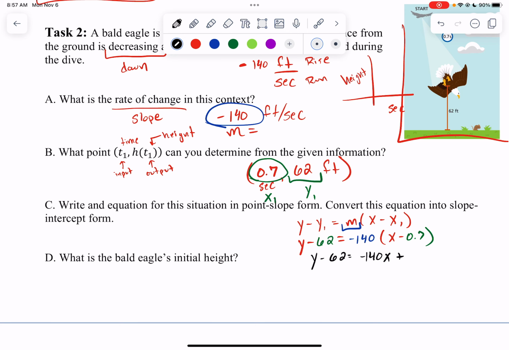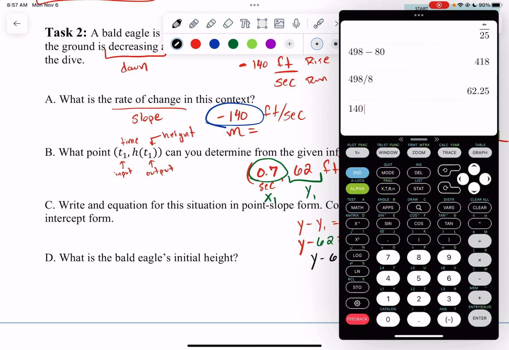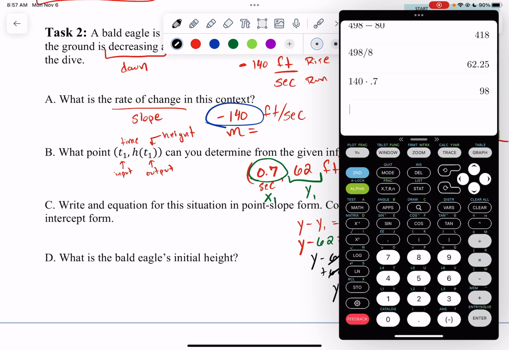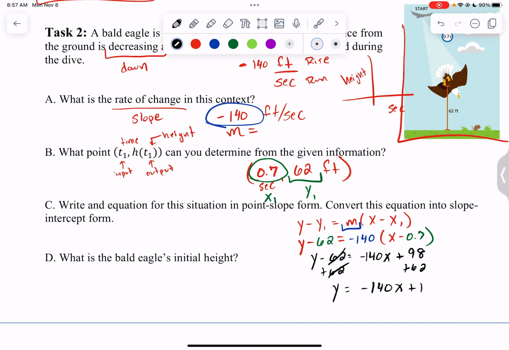I need to take 140 times 0.7, which is 98, plus 98. Now we would add 62 to both sides. Y equals negative 140x plus 98 plus 62, 98 plus 62 is 160. So now I have it in y equals mx plus b form.